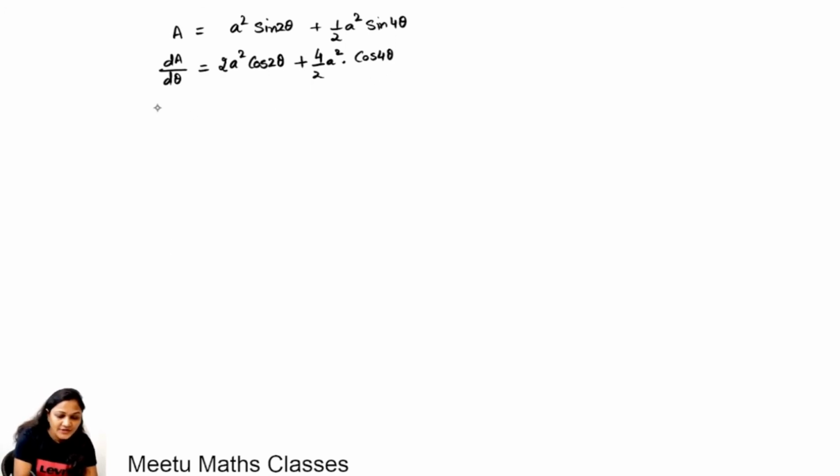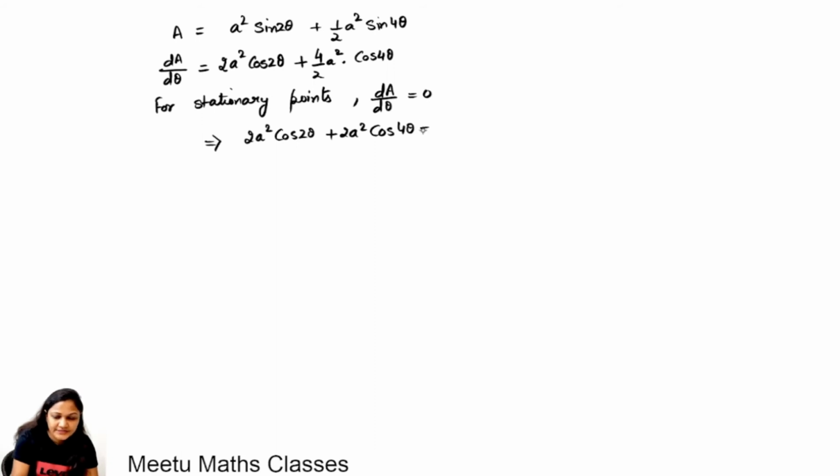Now for stationary points, we are going to take dA by d theta equal to 0. So 2a square cos 2 theta plus 2a square cos 4 theta is equal to 0. So 2a square is common. So cos 2 theta plus cos 4 theta is equal to 0.